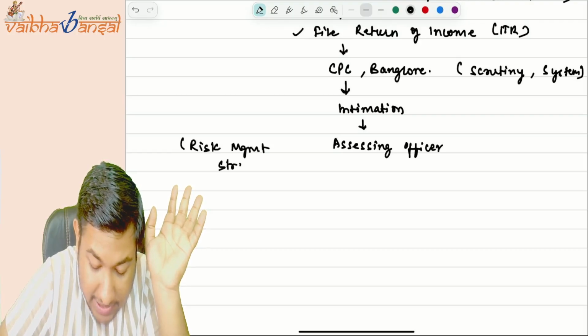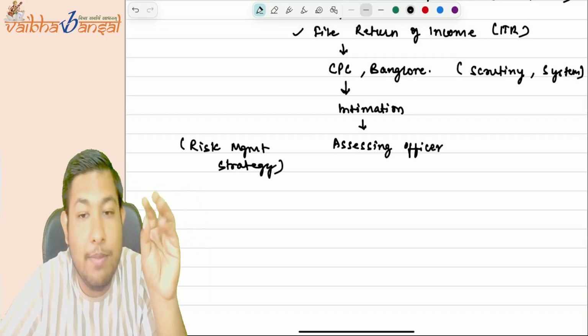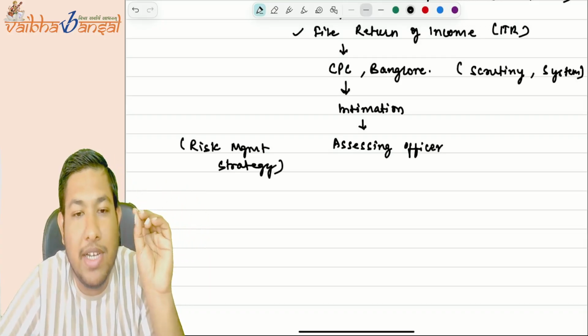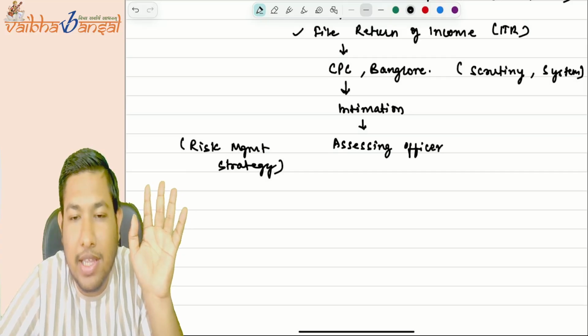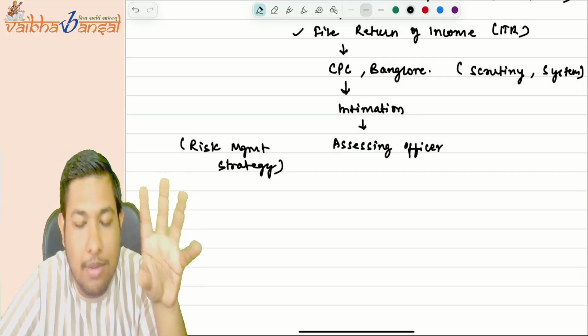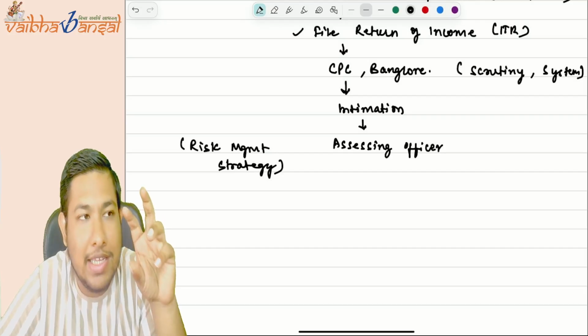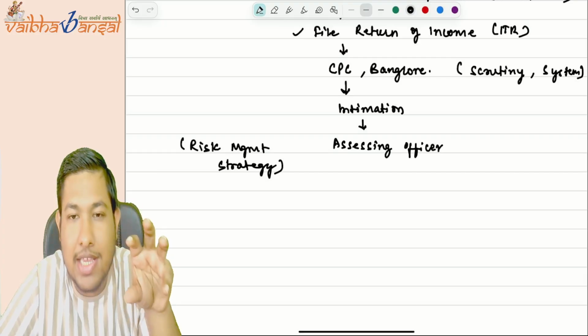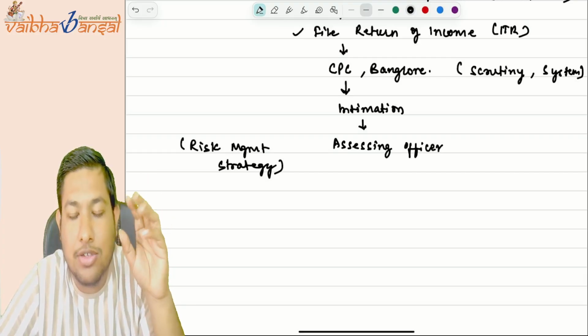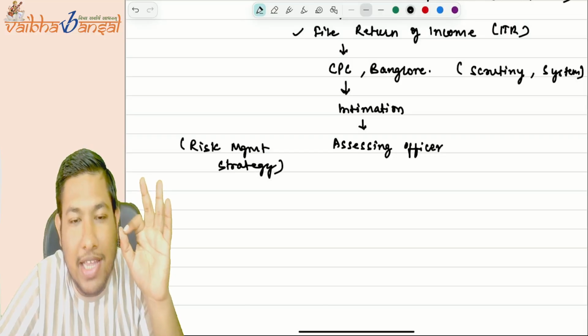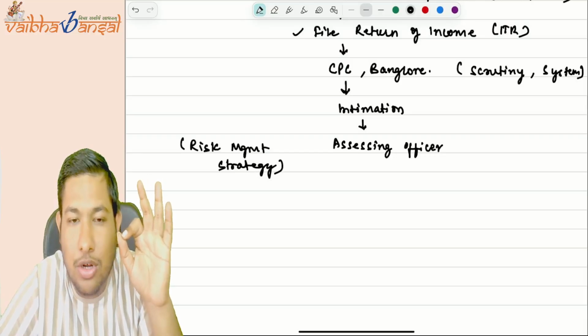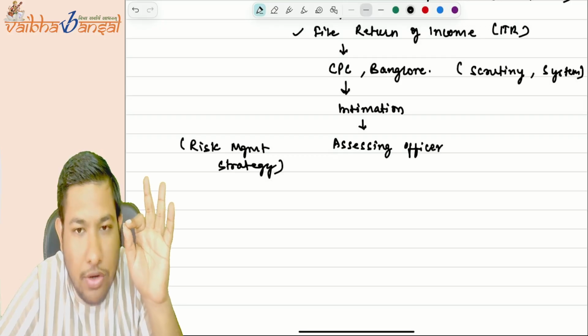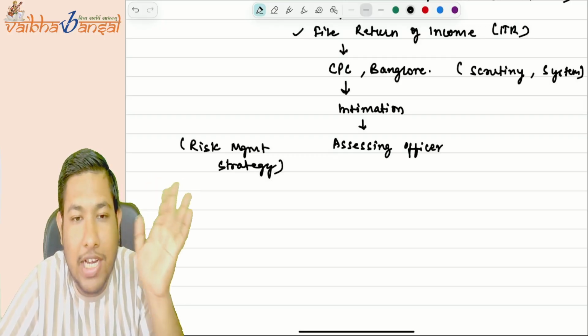There is a risk management strategy implemented by the CBDT, where the assessing officer or the system of the CBDT checks which assessees have high probable chances of evasion of tax. So they have filed less tax.